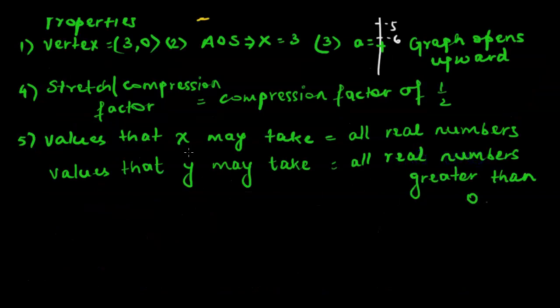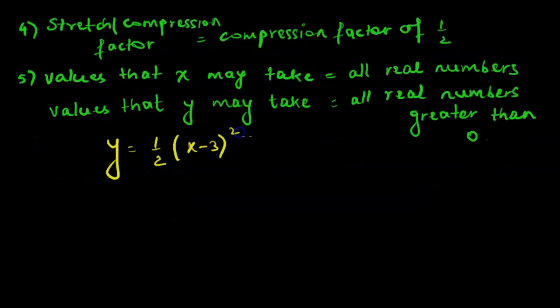Now we can even get the values that x may take or the values that y may take from the equation itself. And how do we get it from the equation? We know the equation that we have is y equals half times (x minus 3) whole squared. Because k is 0, we can put it as plus 0. So in order to find the values that y may take, it will always be taken from the k value.